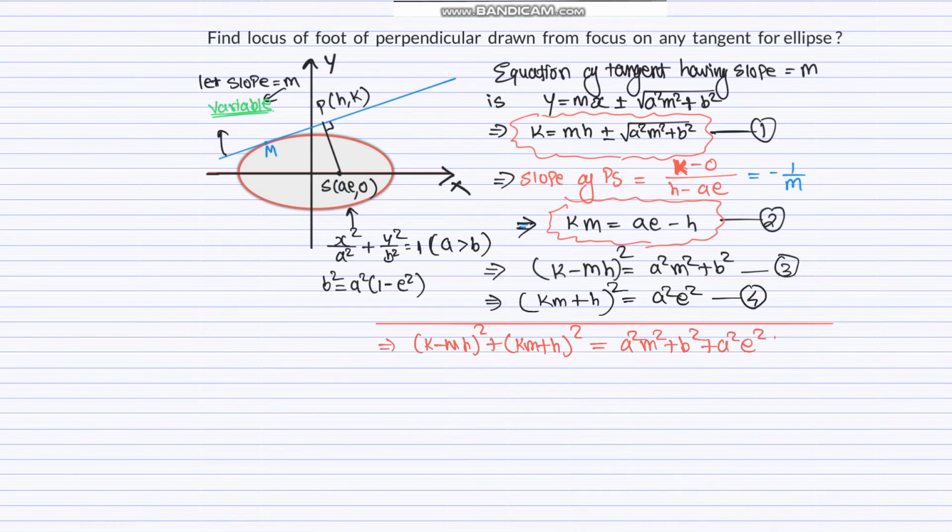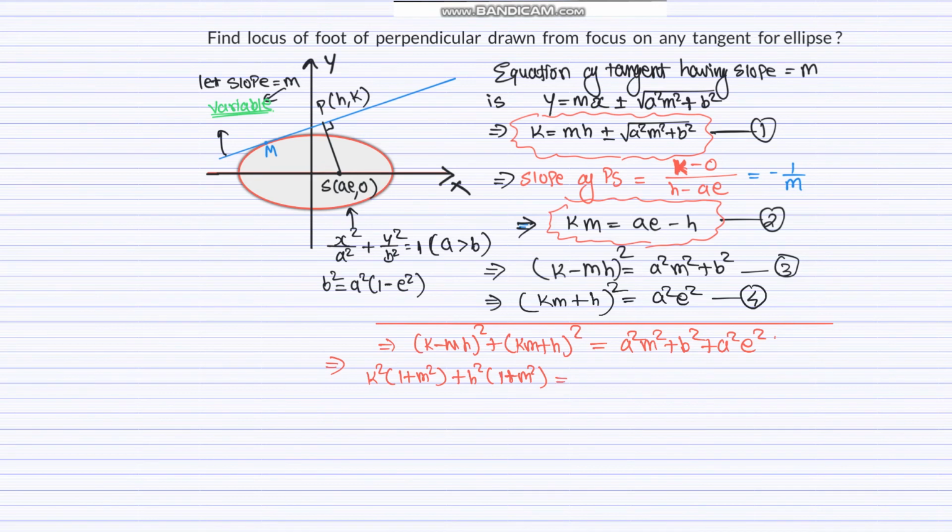Okay. Now let us open this bracket whole square. After solving, the coefficient of K square will be equal to 1 plus M square. In a similar manner, the coefficient of H square will be what? 1 plus M square. And the term of 2KMH will get cancelled out.